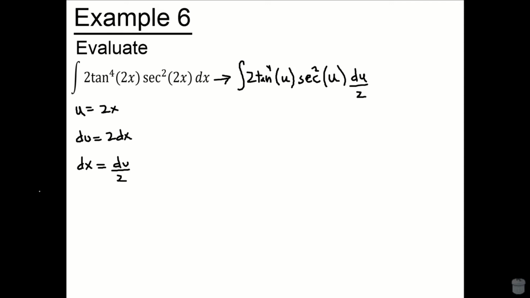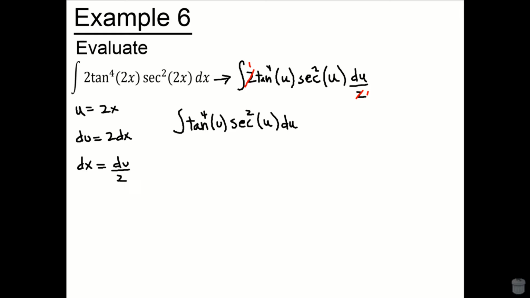What happens is the 2's reduce to 1, and I no longer have the other, weird or nasty integrals, right? So this becomes the integral of the tangent to the fourth power of u times the secant squared of u du.